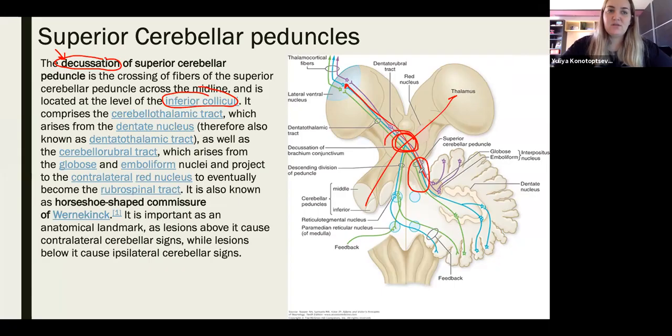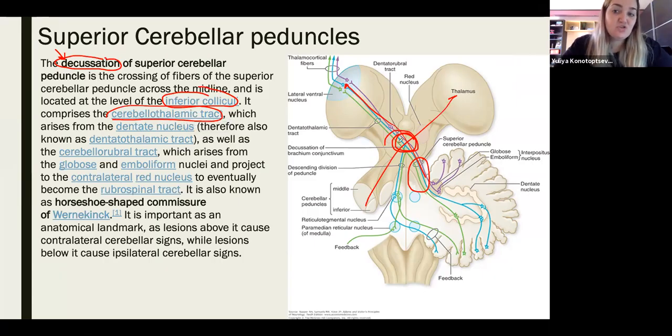The tracts going through the superior cerebellar peduncle are creating the cerebellothalamic tract.